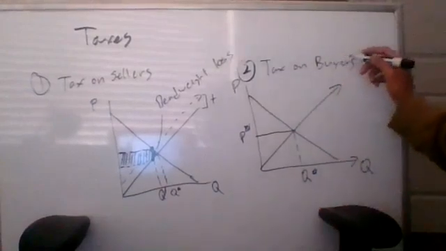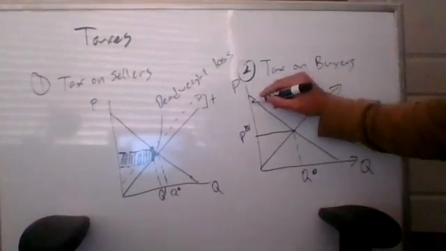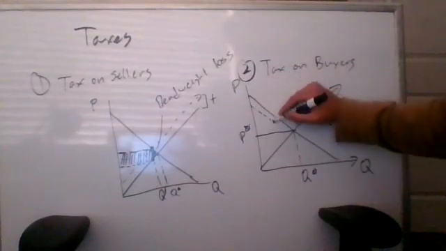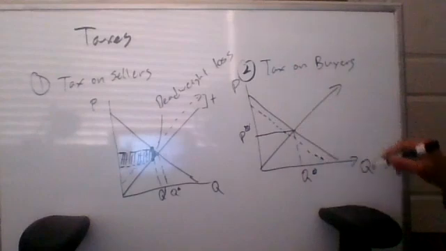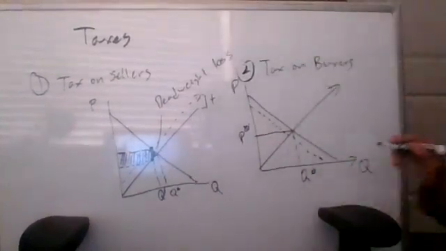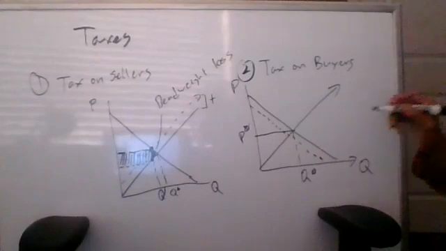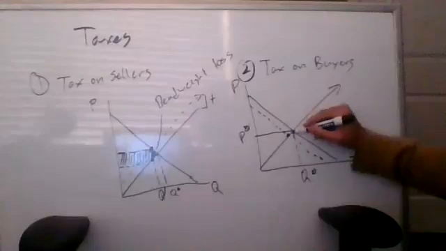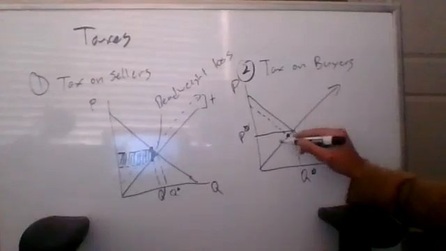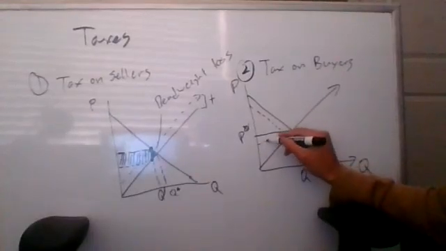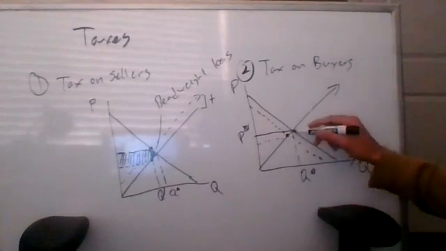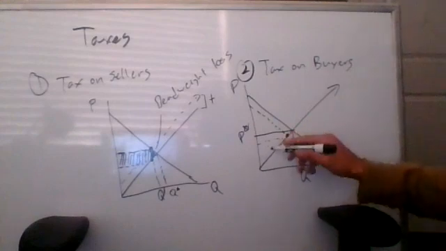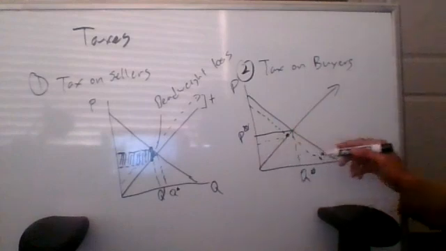So let's say that the tax is on the buyers. That's going to force the demand curve to shift down, so we're going to have something that looks like this. Now, you'll notice that the price at the store that's given to the company is going to be this amount. This is how much the consumers are going to pay at the register, which means producer surplus is going to go down.